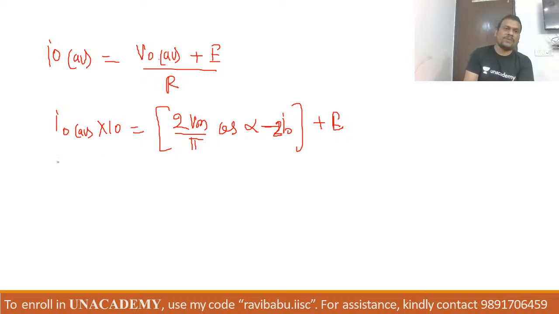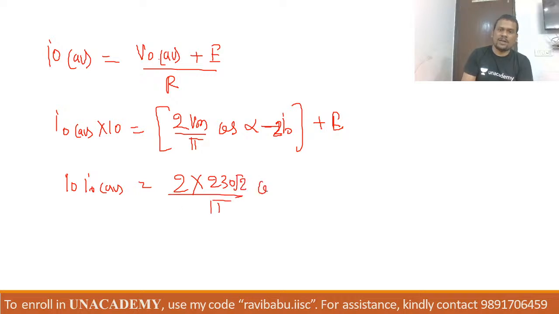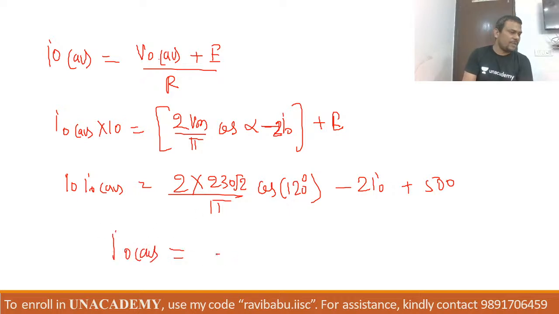So just handle this value. 10 I naught average is equal to 2 into 230 root 2 divided by pi into cos of alpha, 120, and minus 2 I naught and plus E is 500. So all the information is known. Only I naught is remaining. Just tell me how much this value.